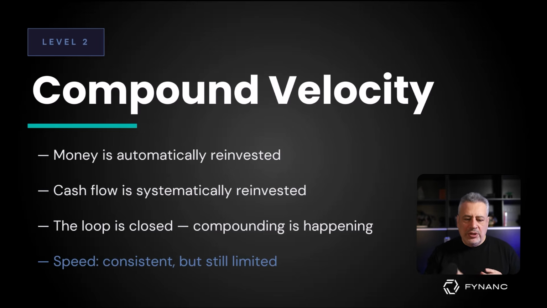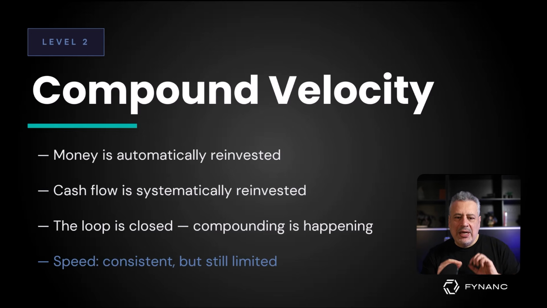The loop is closed, compounding is happening, and speed is consistent but still limited, because you are still in a race with inflation. Here's the challenge, folks. This is relatively slow because of inflation. And so the question is, how do we go faster? I want you to remember that the words are cash flow being reinvested.